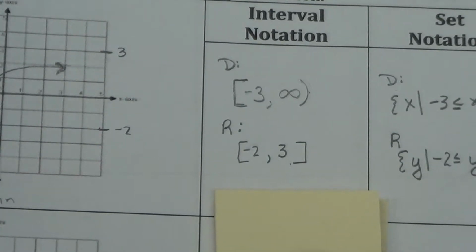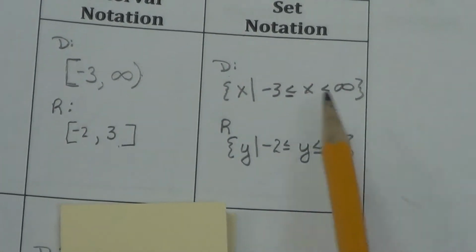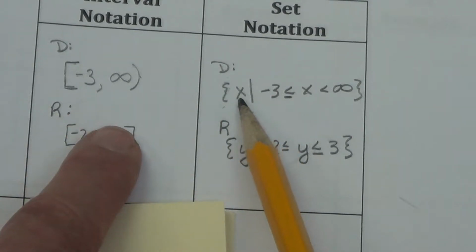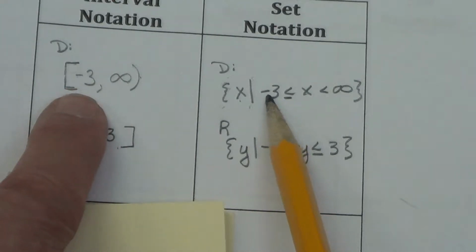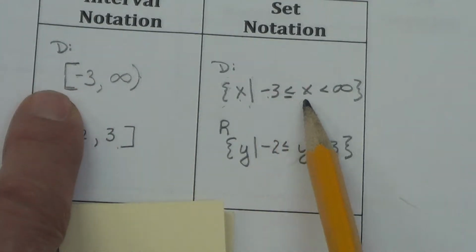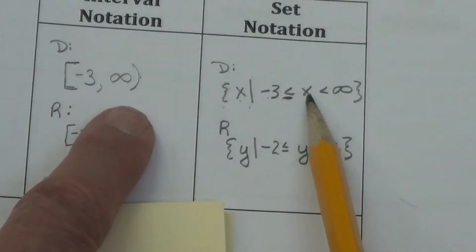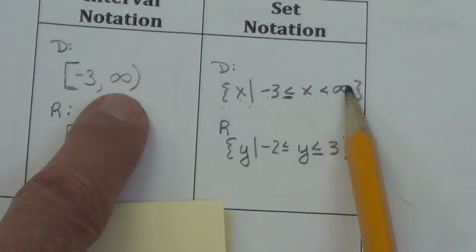To go over to set notation, we take these limitations and we simply write a set sign, an x such that the lower limit is -3. Because it's a bracket, we underline that, saying it can be equal. X is less than, and then the upper limit is infinity, and then the set sign closed.